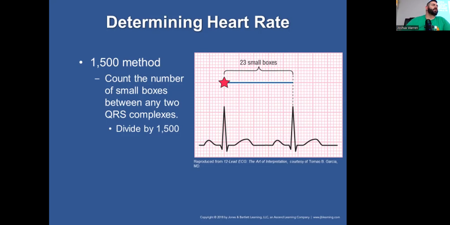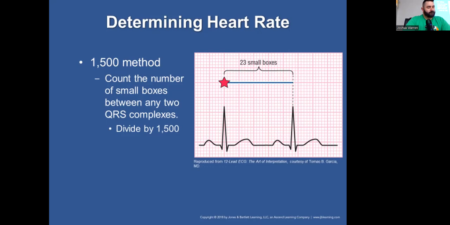So, best way for me to evaluate a heart rate. Gabe, tell me about it. Say it again for me.